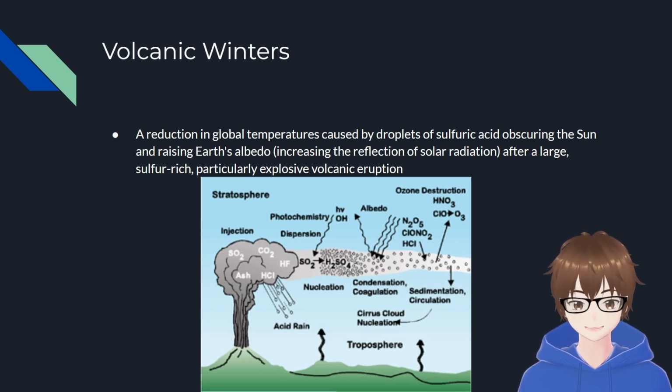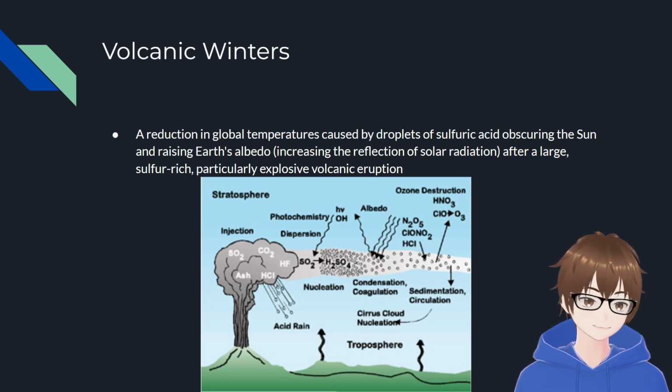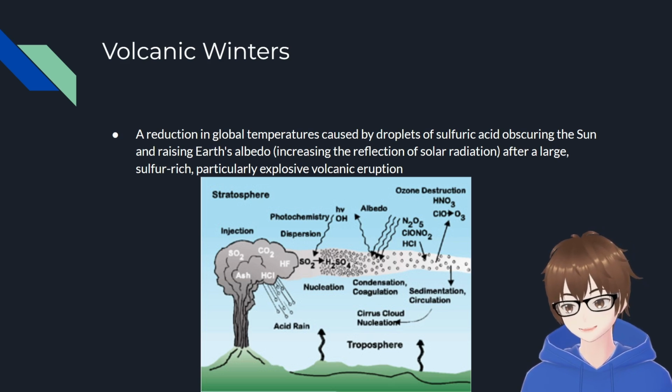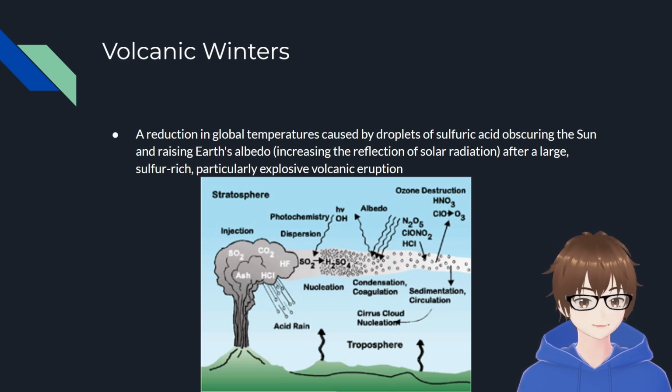So all the ash and volcanic gases that get put up into the Earth's atmosphere, especially sulfuric acid, reflect the solar radiation and cool down the Earth quite a bit. So that's why we call it a volcanic winter, because it's a cooling of the Earth caused by volcanoes. Yeah, and it also causes acid rain and a lot of other stuff.